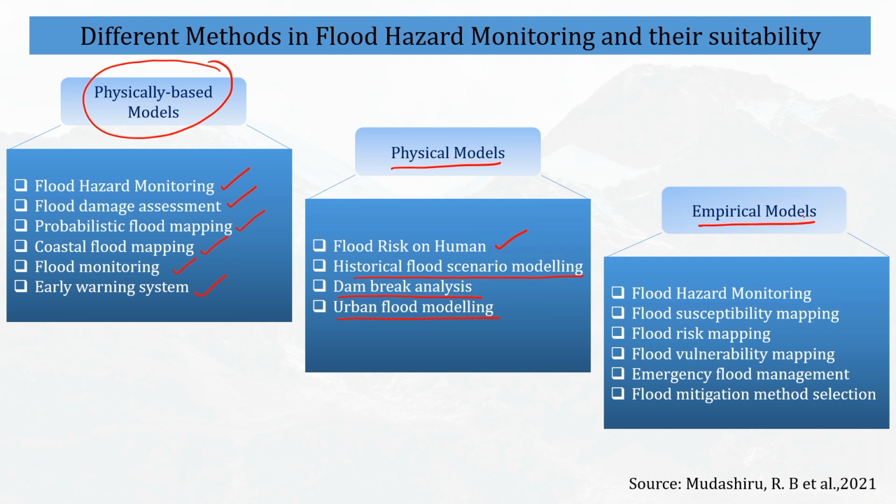Then we have empirical models, which are for flood hazard monitoring, flood susceptibility mapping, flood risk mapping, flood vulnerability mapping, emergency flood management, flood mitigation method selection. So these are different approaches or different models that have been used in flood studies, right.